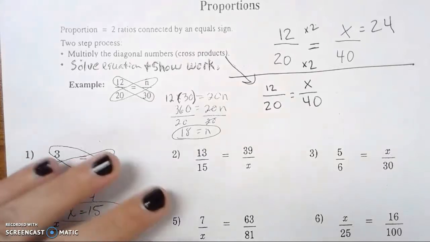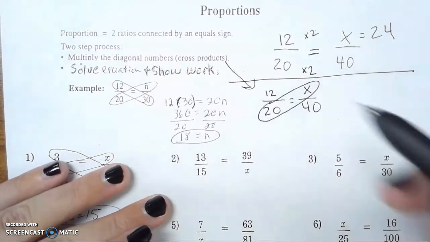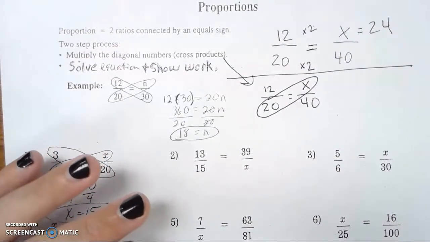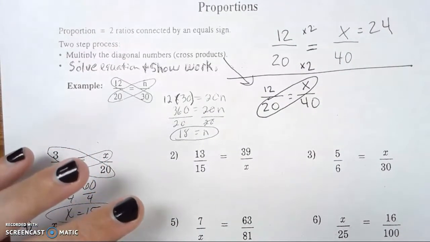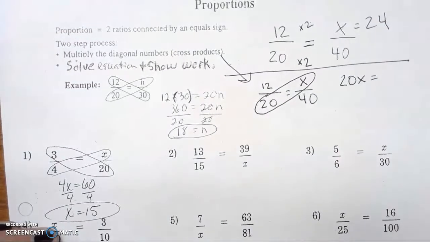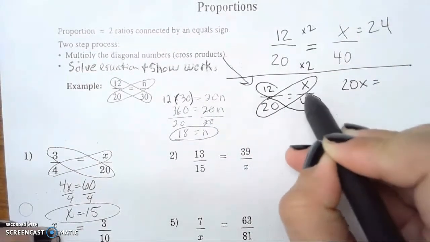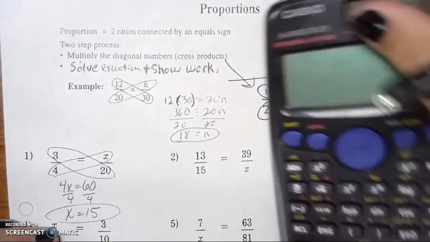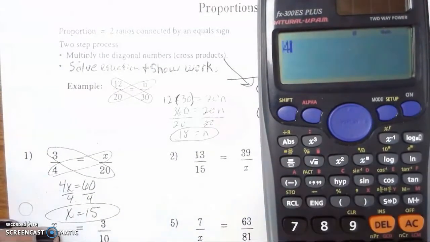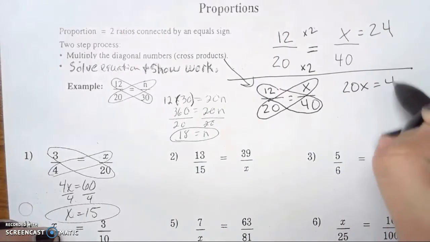Okay, so what this means is you are going to multiply your diagonals together. So if we were to take 20 times x, that would just give us 20x equals, and then multiply your other diagonal. So if we were to take 40 times 12, let's see what that gives us. So 40 times 12, that would give us 480.